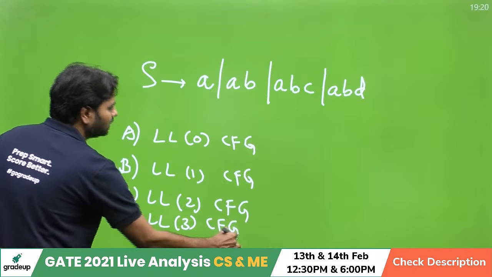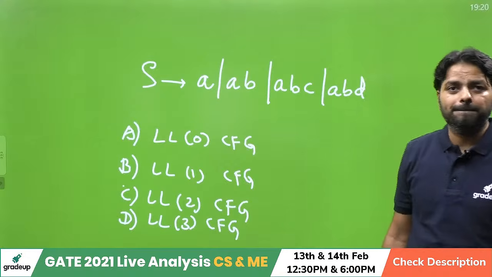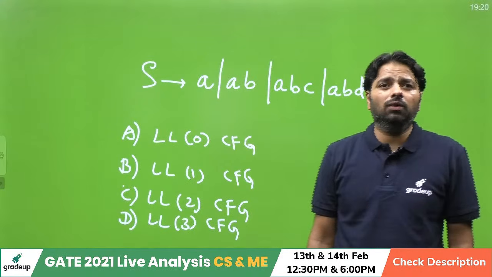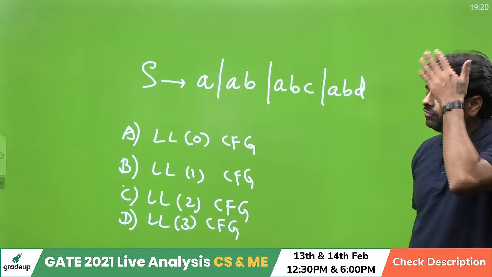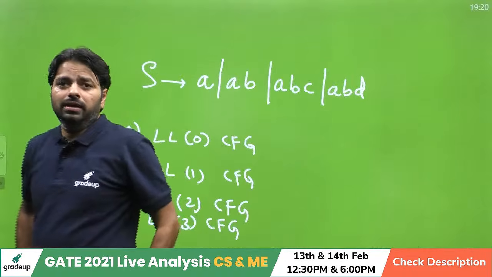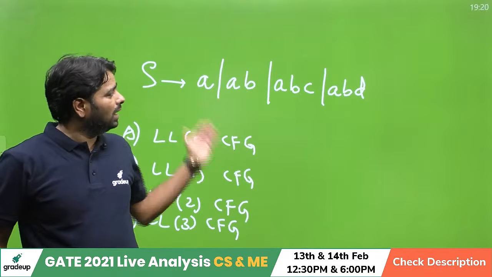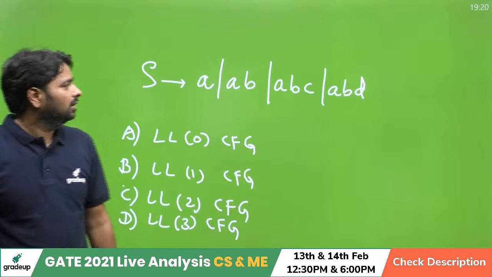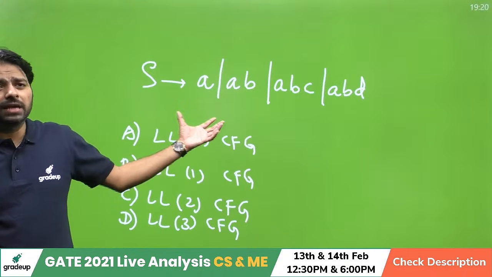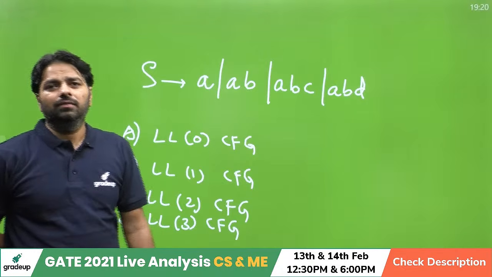Which is the right answer? Let's do it. Of course all the rules are applicable, but now you need to look at the left factoring concept. It is unambiguous, no doubt. No left recursion, yes. It is a context-free grammar and common prefixes are there. Which one is the right answer?